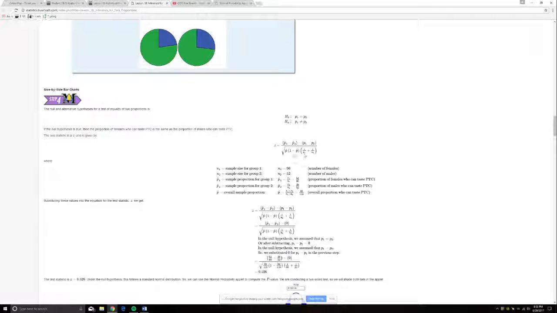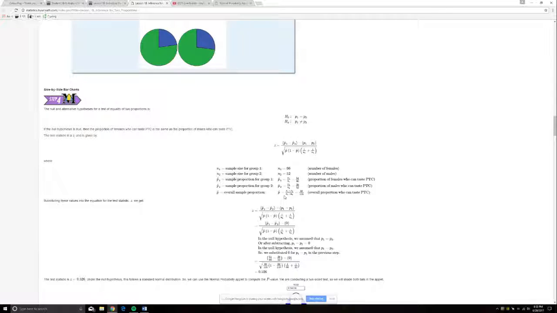And then for the bottom, since it doesn't say whether it's P1 or P2, let's see, hold on, I'm making sure I'm reading this right.